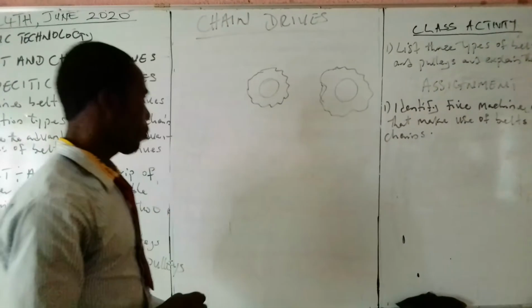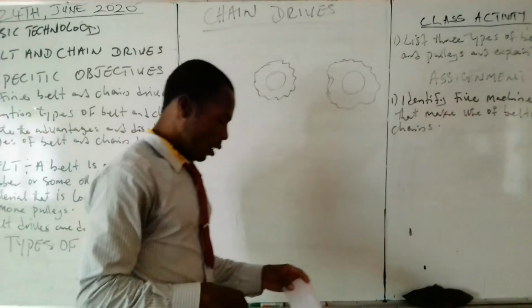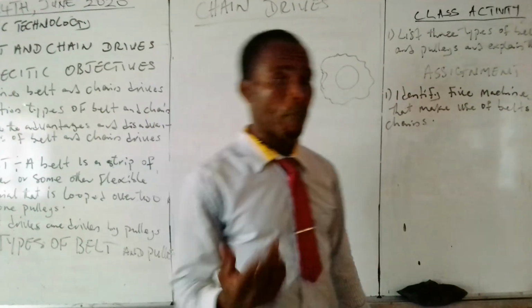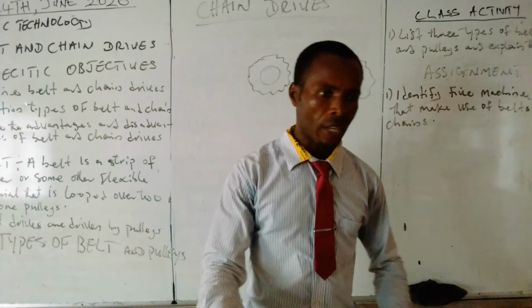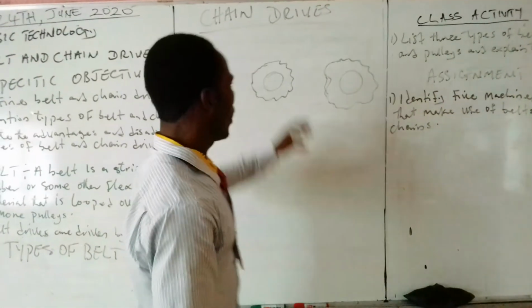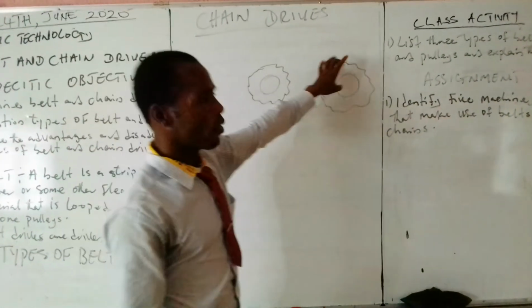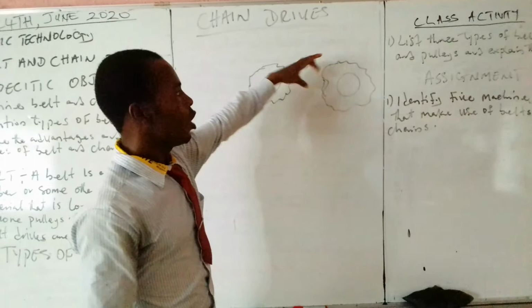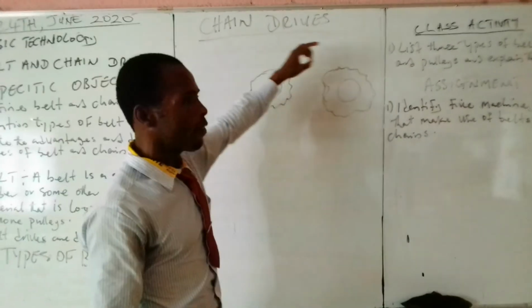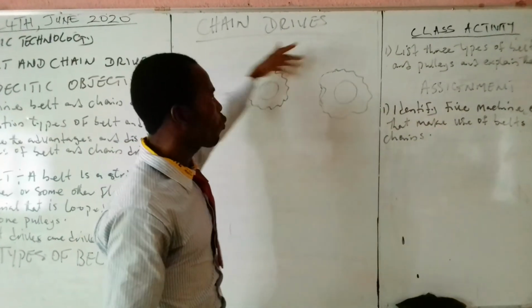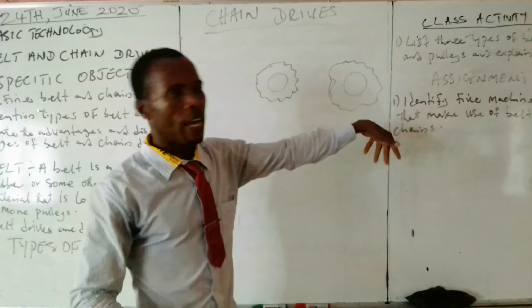Alright, let's go to the advantages of chain. In operation, there is no slippage. If you are operating with chain, there is no slippage because the gear has teeth, and the chain itself has small holes that hook on the gear.